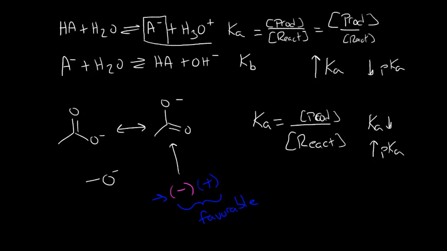So if we had a solution where we have a positive charge in close proximity with our conjugate base, let's say we have a sodium cation present, that's going to stabilize the base, making this base even more stable than it already was. In this situation, we get an even larger concentration of products, making Ka increase even more and decreasing our pKa even more. Okay, so it's all about creating a stable product.